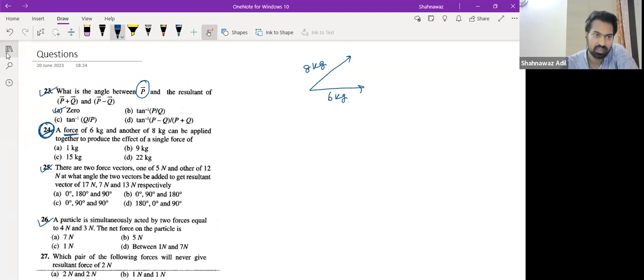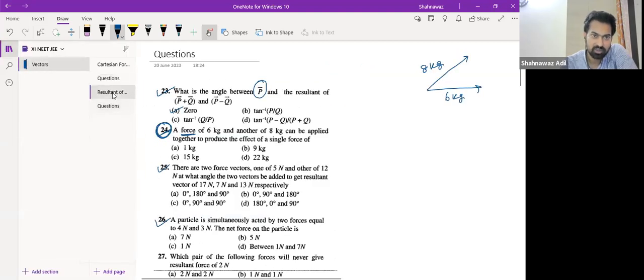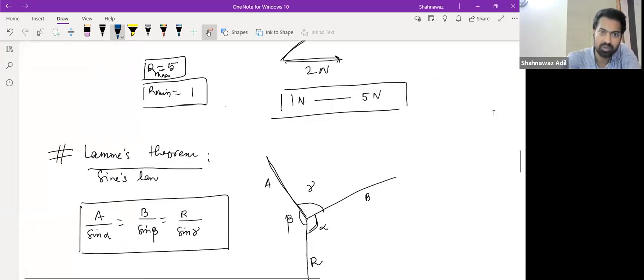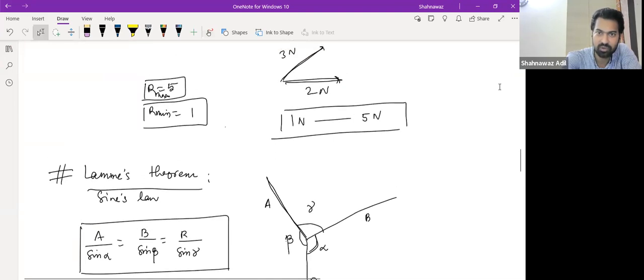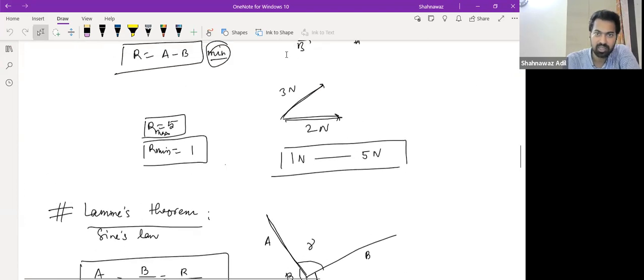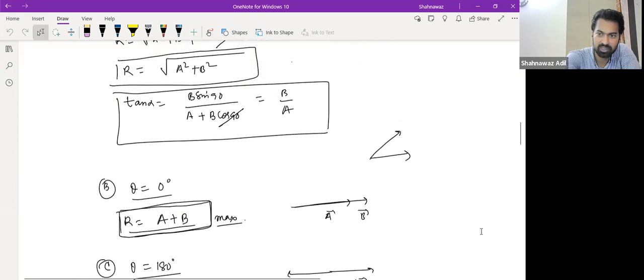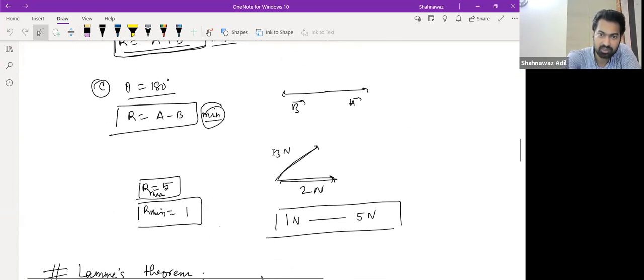So just a moment ago, you guys saw that if we have two forces, then the resultant will depend upon what? The magnitude as well as what?